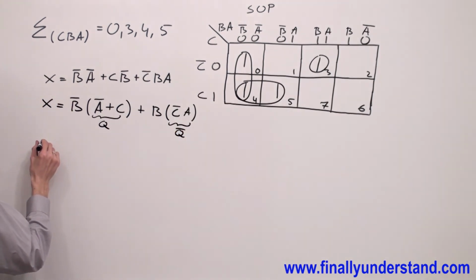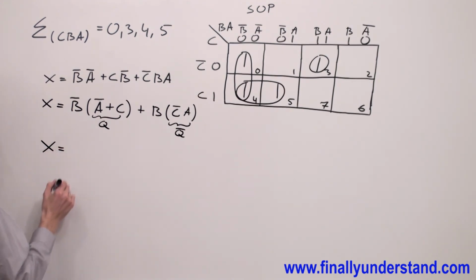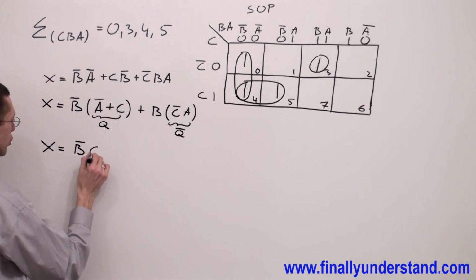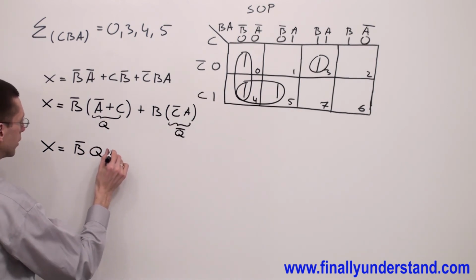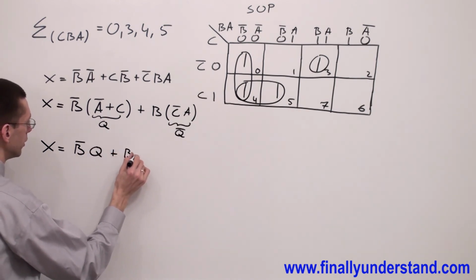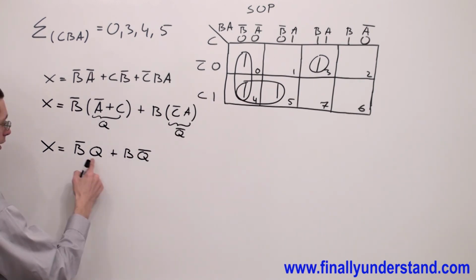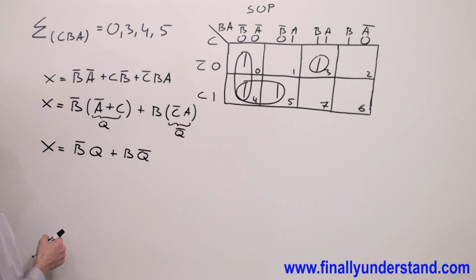And I'm going to rewrite my expression as B naught Q or B Q naught. As you can see, this is nothing else, just exclusive OR.